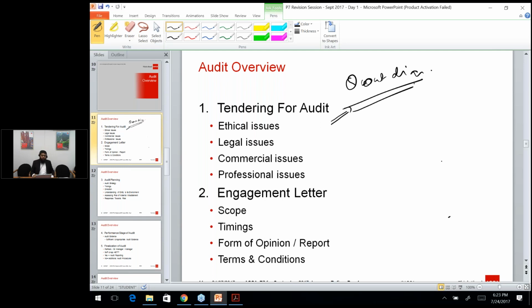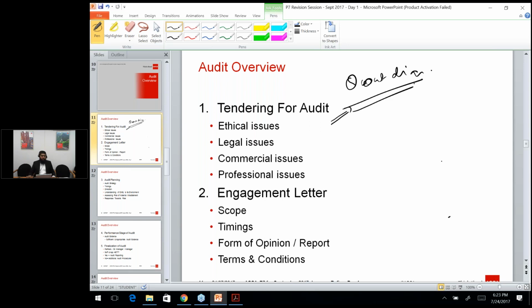quotation from your side. So what actually happens is that we should not act as if, oh, we have been approached by somebody to perform an audit, so we should immediately give a quotation, because as many clients as we can have, this is going to be good for our firm. No, you don't have to do it this way. You're a professional accountant. You need to make sure that before you tender for the audit, before you give a quotation for any specific audit, you need to consider the various aspects.